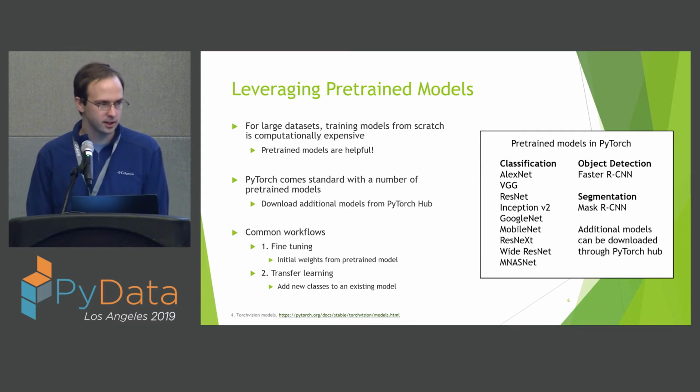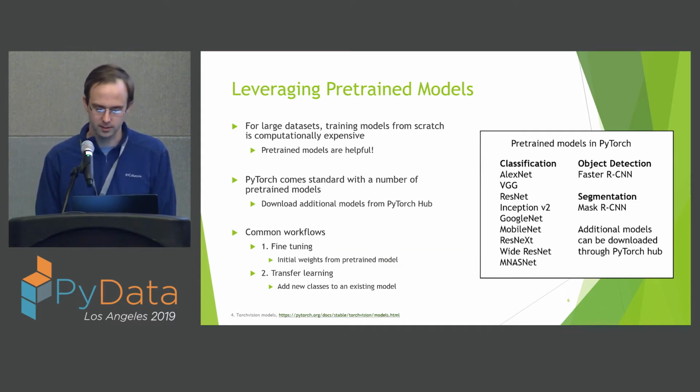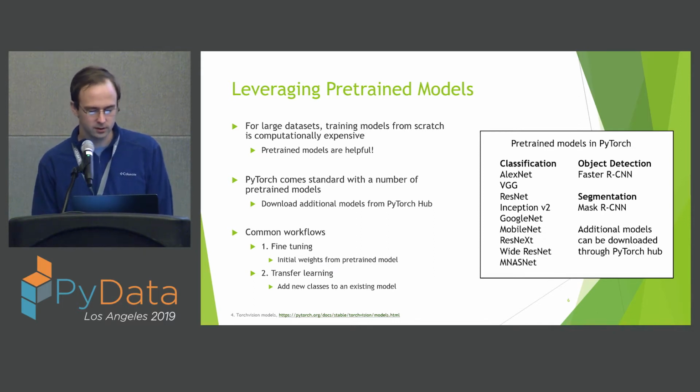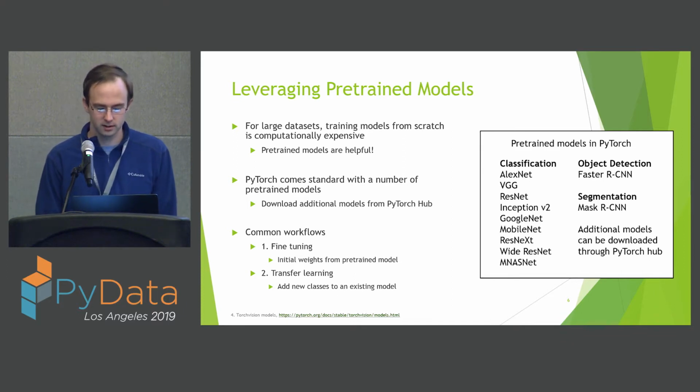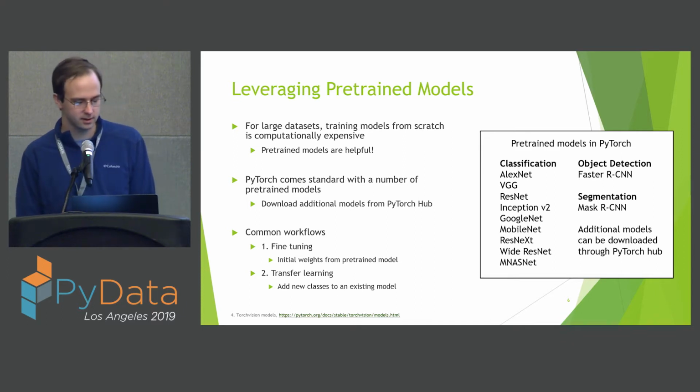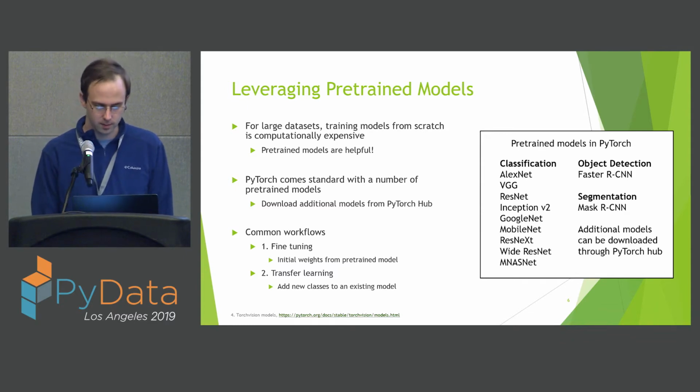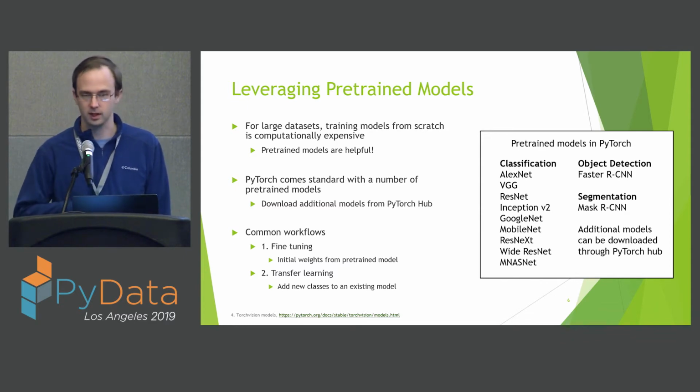Another thing that's been really great, especially recently with PyTorch and TensorFlow, is pre-trained models. So training models from scratch is computationally intensive. The ImageNet data set is over 1 million images. Most of these models have millions of weights. It's expensive. It can be challenging to get right the first time. So pre-trained models are really helpful.